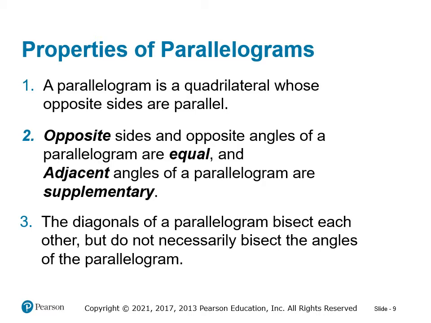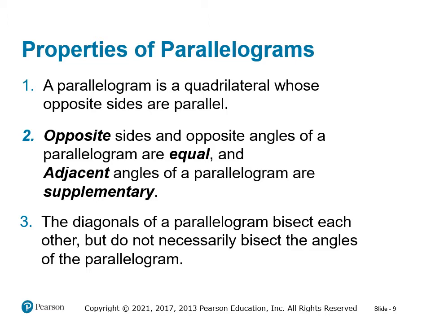If you draw the diagonals of a parallelogram, they will bisect each other, meaning that they will cut each other in equal lengths. At the intersection point, you'll have half the length of each diagonal. But they do not necessarily bisect the angles.